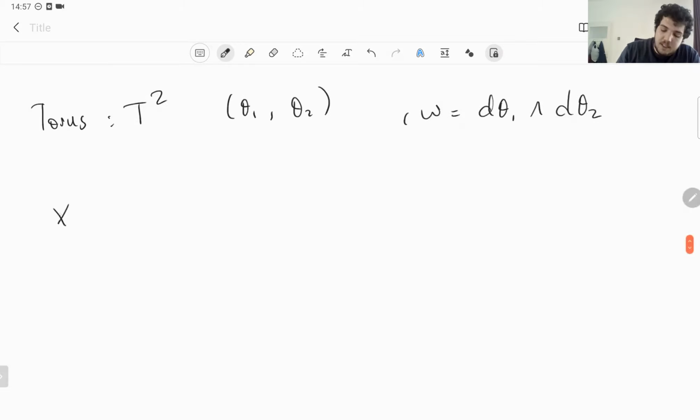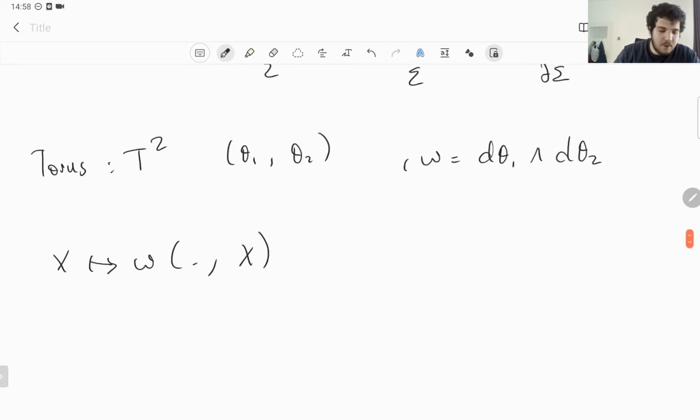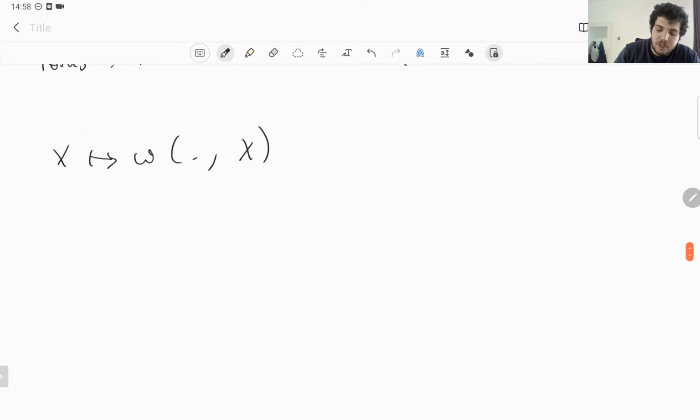So let's take X and place it in omega, leaving the first entry of omega, because omega eats two vectors since it's a two form. Then I will not do the long algebra. We'll come to a result that this will be equal to omega ij, xj, dxi, which is a one form. Okay, so this is a contraction map.